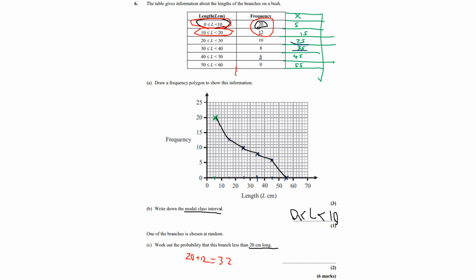How many branches are there in total? The number of branches are 20 plus 12 plus 10 plus 8 plus 6, which is equal to 56 in total. And so therefore the probability is 32 over 56.